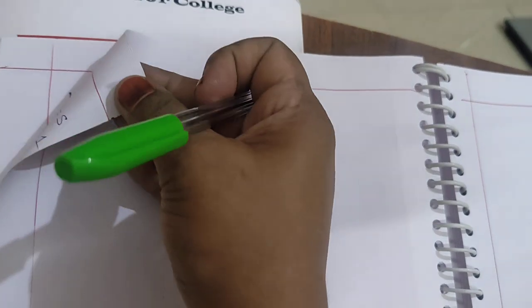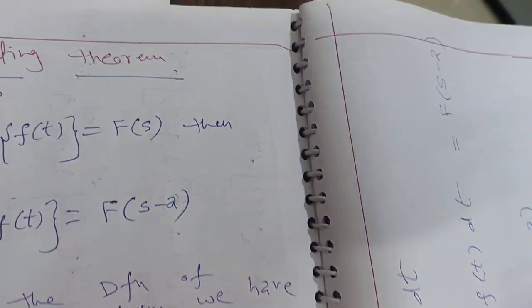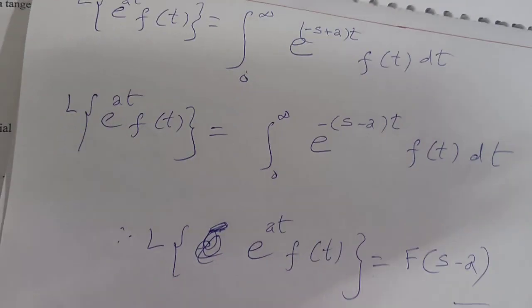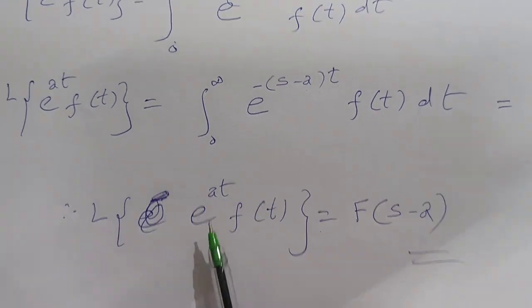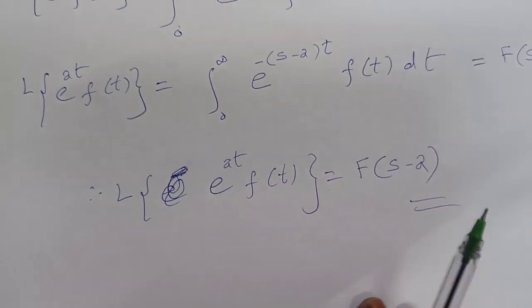One more thing here. If it is e power of plus at, on the right hand side we get F of s minus a.